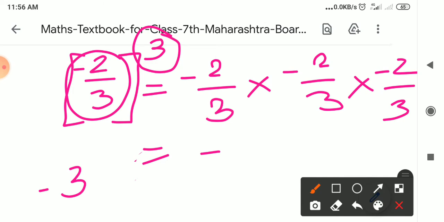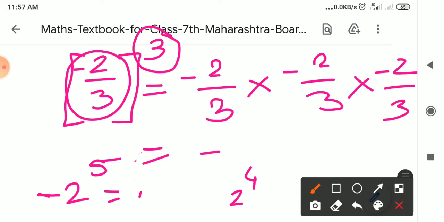Suppose minus 2 raised to 5, and I will also write minus 2 raised to 4. 2 2s are 4, 4 2s are 8, 8 2s are 16, and 16 2s are 32. 32 is the answer. But the problem is whether we have to give minus 32 or plus 32.